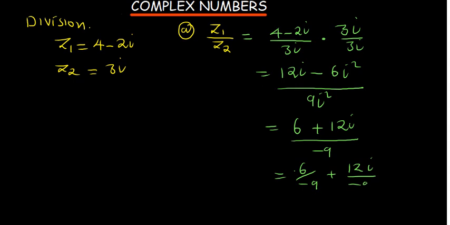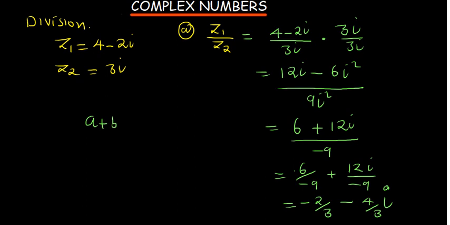We know there's a number that can go into 6 and negative 9, that's a 3. So this will be negative, 3 into 6 will be 2, 3 into 9 is a 3. This negative into 12 also will be negative, 3 into 12 is a 4, 3 into 9 is a 3i. So at times they're going to ask you to write the answer in the form a plus bi.